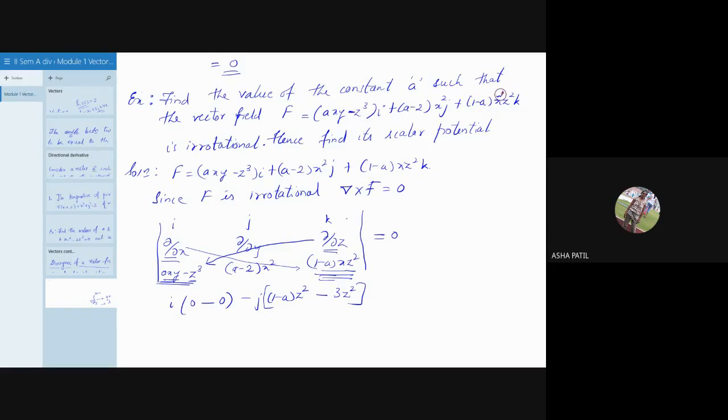Should that be plus here? Minus of minus, it should be plus, no? Minus dou by dou z of this, so it becomes plus.